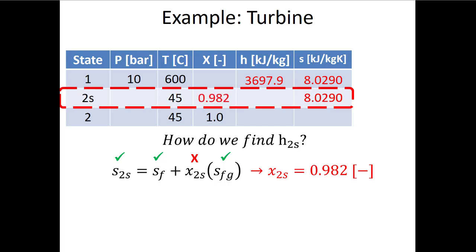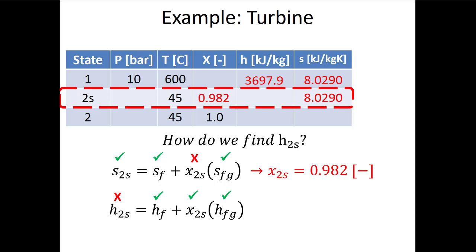And because I know the quality, I can find h2s using the same equation for quality, but now looking at the specific enthalpies. So h2s is going to be hf plus x2s times hfg. I don't know h2s. I find hf in the textbook. I now know x2s because I found that using the specific entropy.